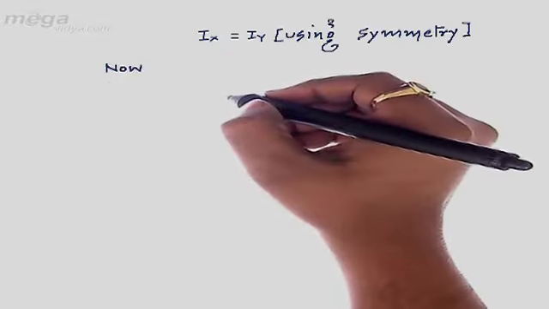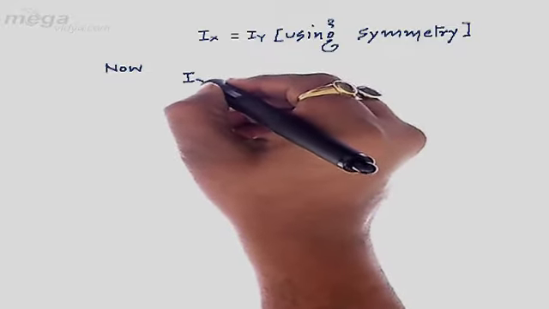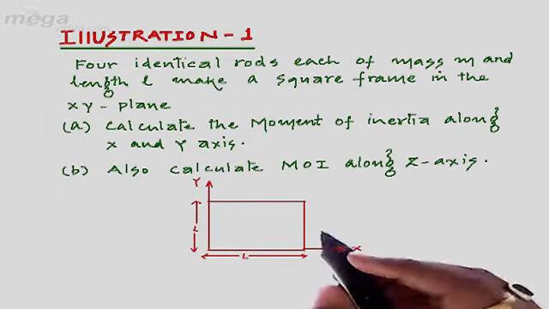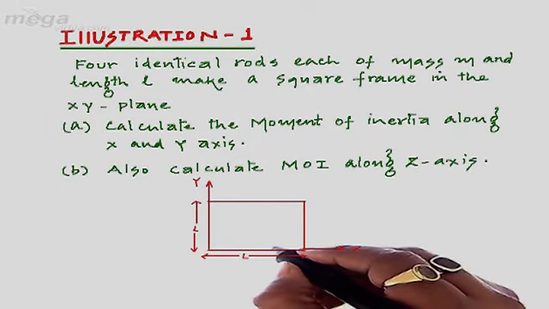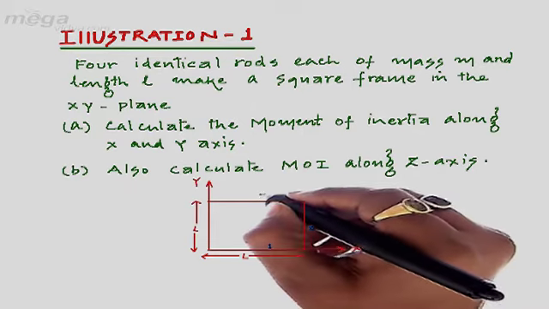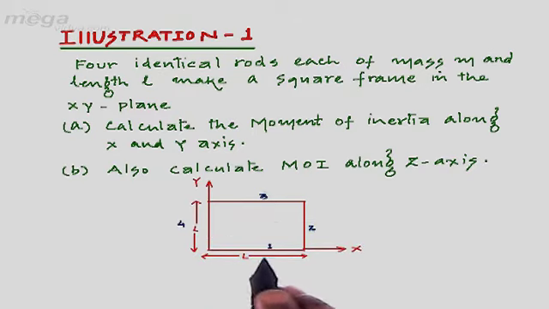Now calculating the moment of inertia of the rods along the x-axis. Let's name it Ix. Coming to the figure, let's consider the first rod, the second rod, the third rod, and the fourth rod. For the first rod, the moment of inertia will be 0.